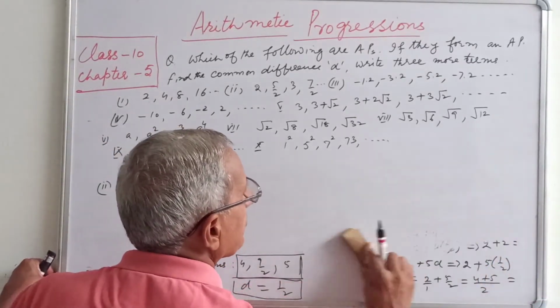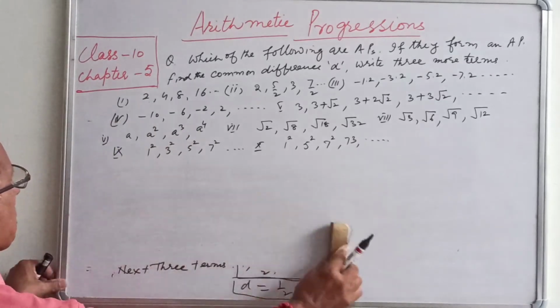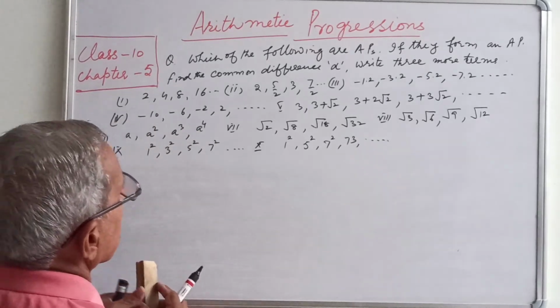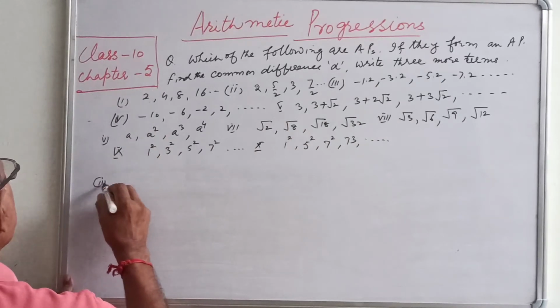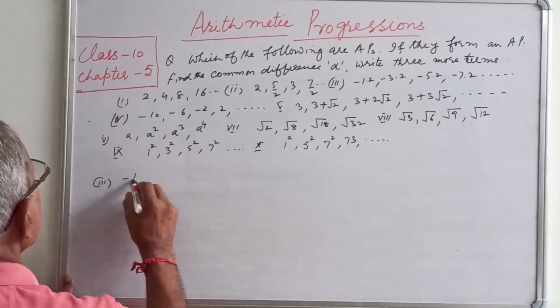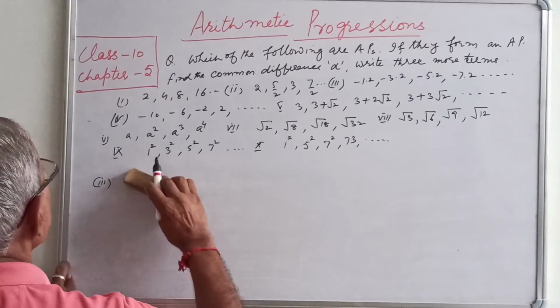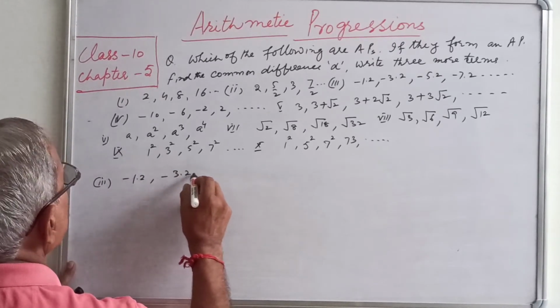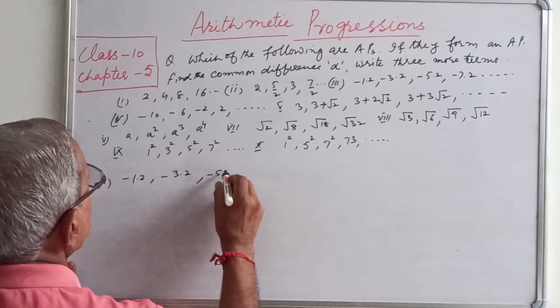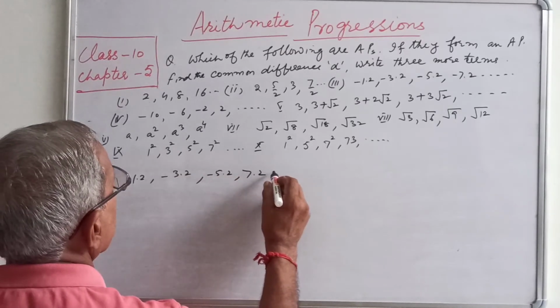Next part, the third part is minus 1.2, minus 3.2, minus 5.2, minus 7.2.